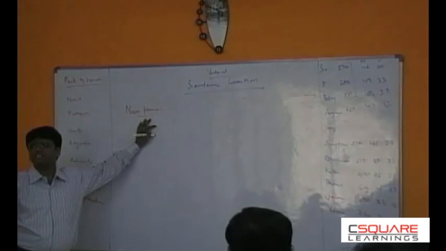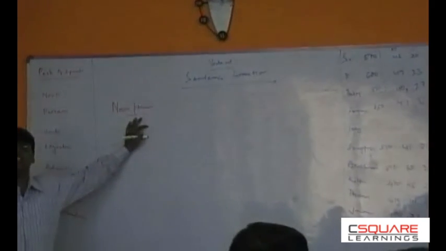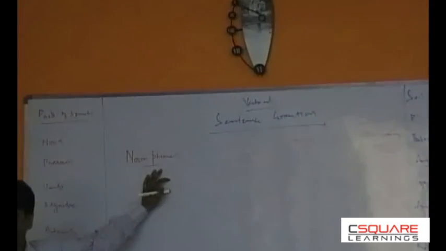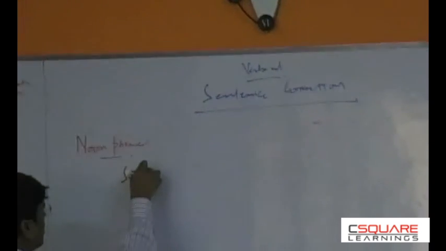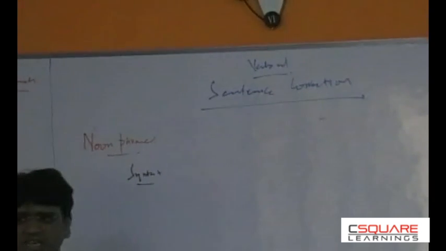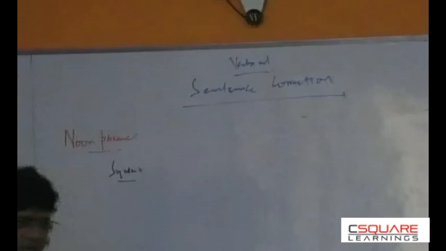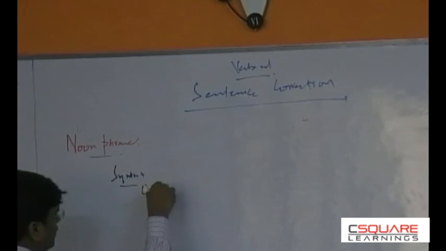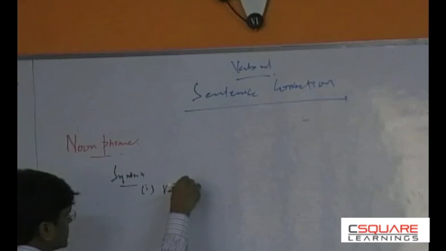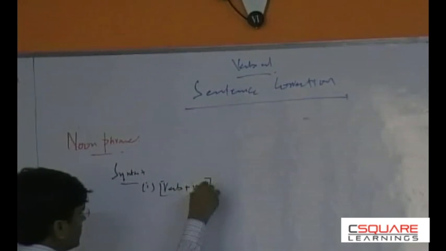However, we need to understand the syntax of the noun phrase more than the definition, because we want to recognize them when they are there in the sentence. Right. The first syntax of the noun phrase is verb in ing plus noun.